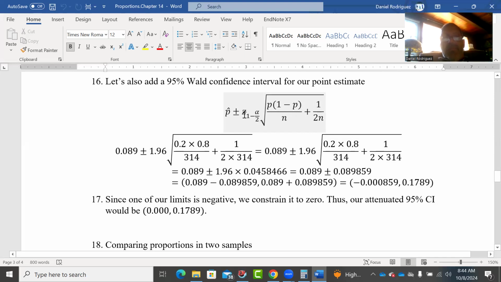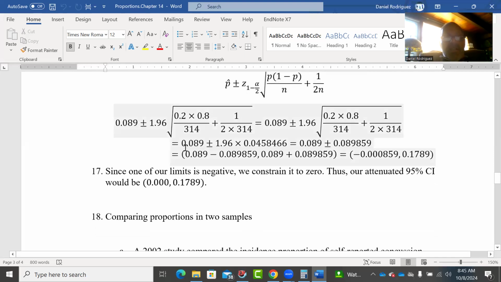So the area between the negative and the positive value, so it's plus or minus, is the area that represents confidence for finding our true population value. And this part right here under the radical sign, including the radical sign, is our standard error.